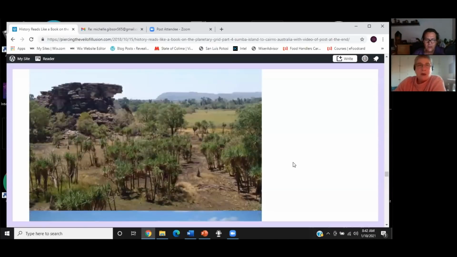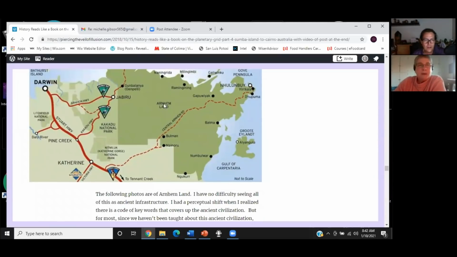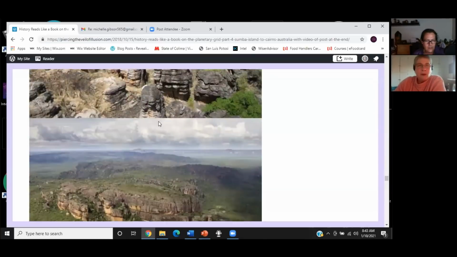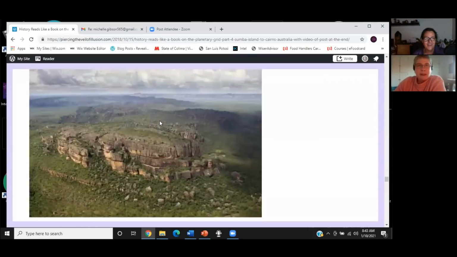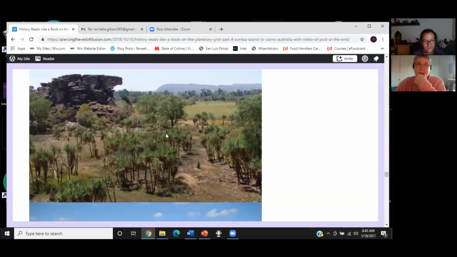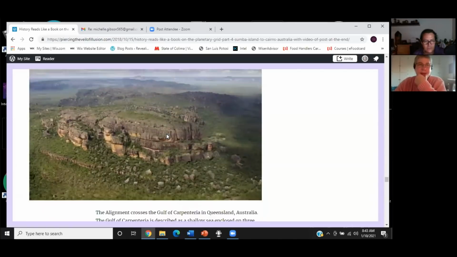So this is in Arnhem Land through here. So I'm going this way. And this is a very old masonry here. And I can pull out pictures from other places and show you the same idea.